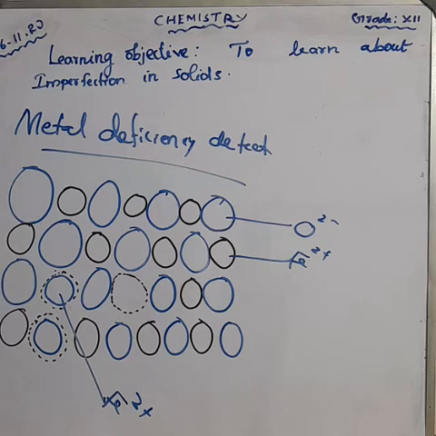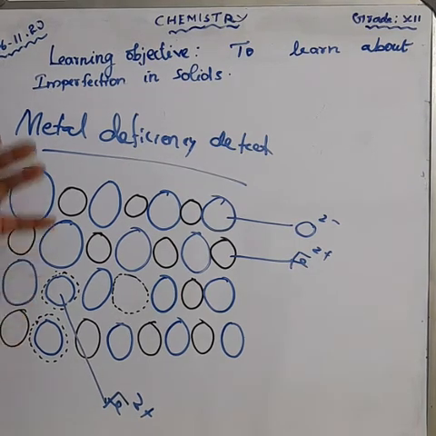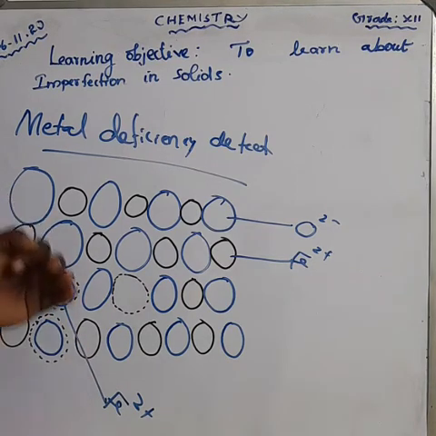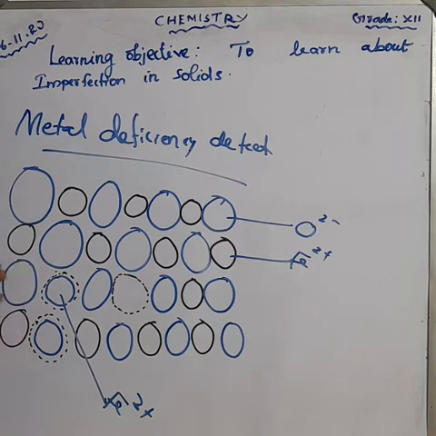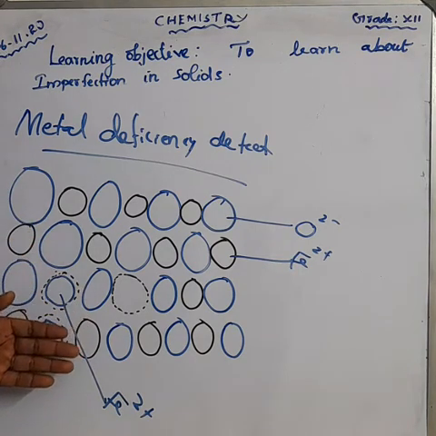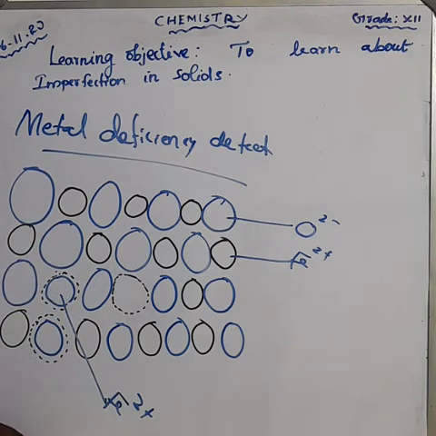What is the metal deficiency? Metal deficiency means having a smaller number of cations than anions. It arises due to the presence of fewer cations than anions.